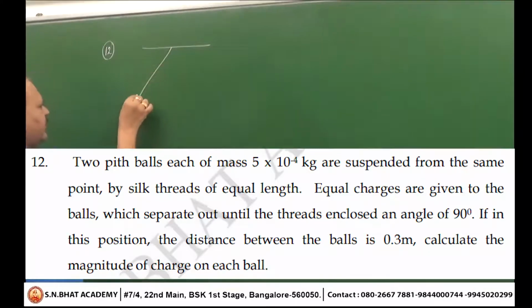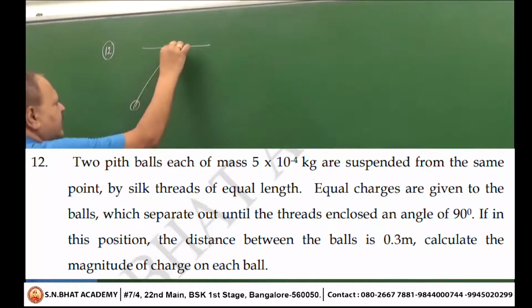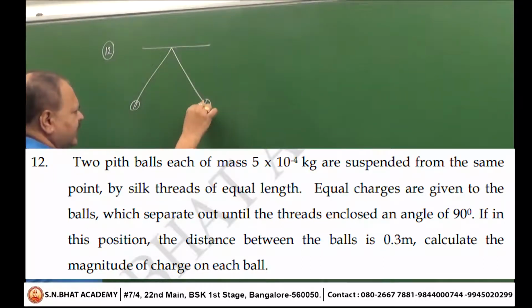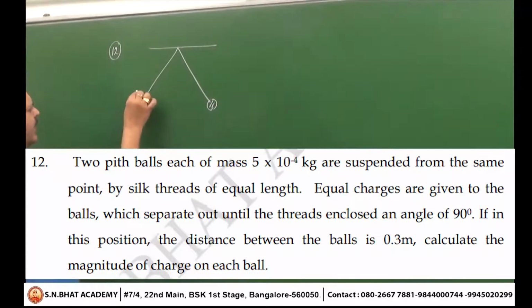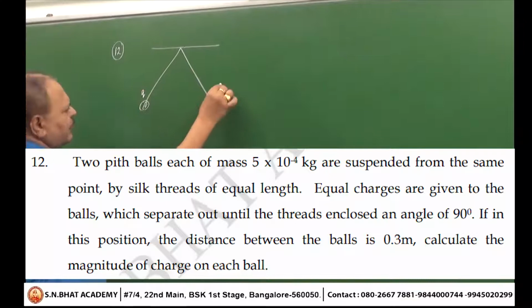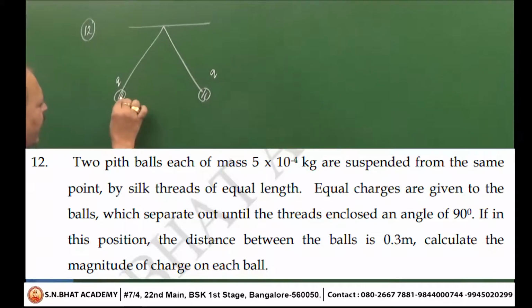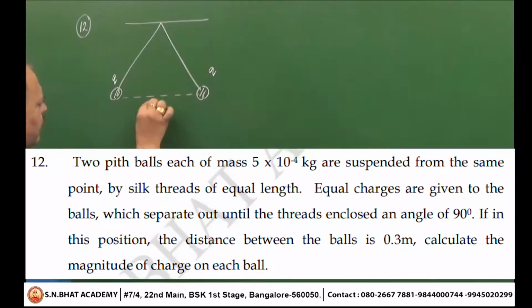There are two balls. These two balls are suspended from the silk thread. He has given the mass of each ball and he says the charge on this ball is Q, charge on the other ball is Q and the distance between these two balls is equal to 0.3 meter.